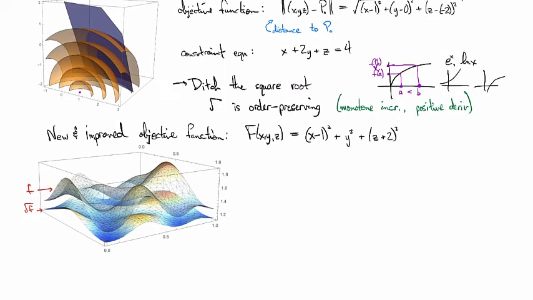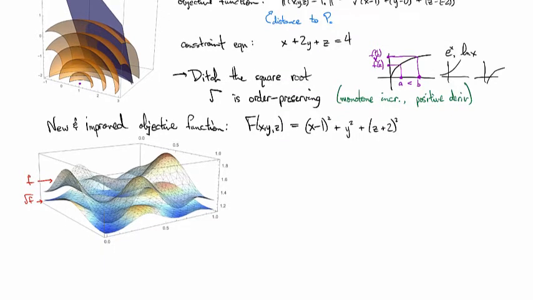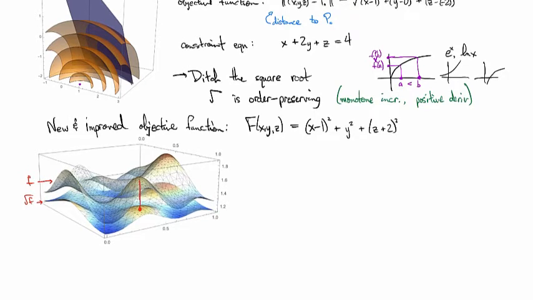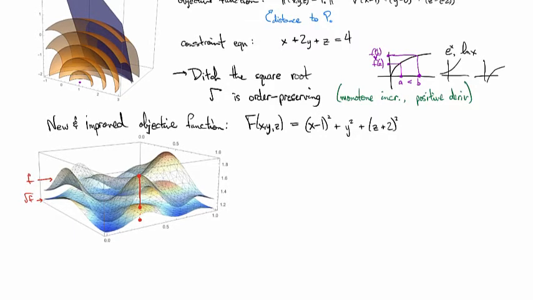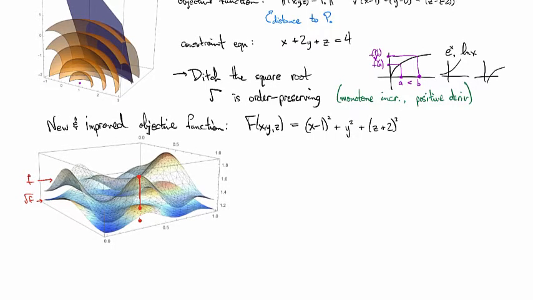You can see that even though the function values are different, the maxes and mins occur in the same places. That's the key point. If the square-rooted function has a max here, then the actual function will have a max at the same location. The value will be different, because typically x and square root of x are different numbers.